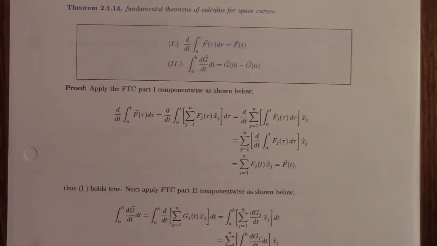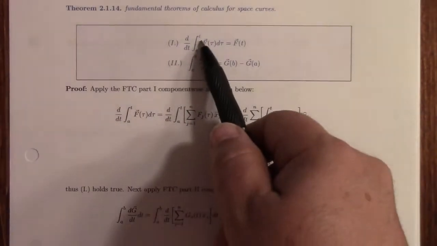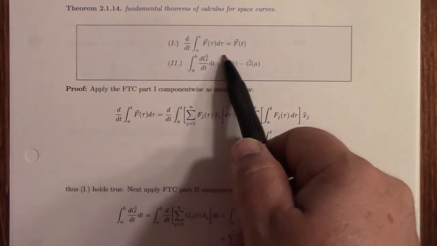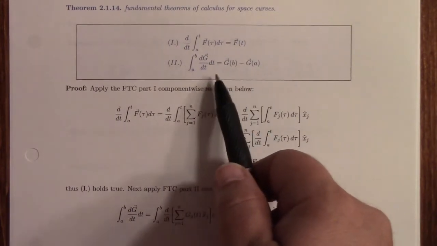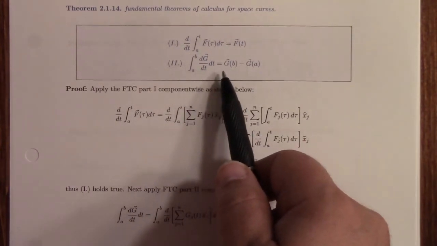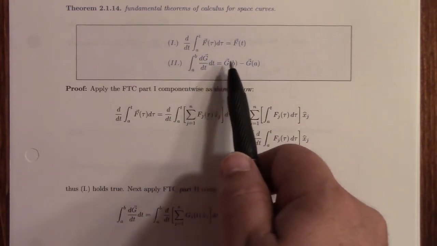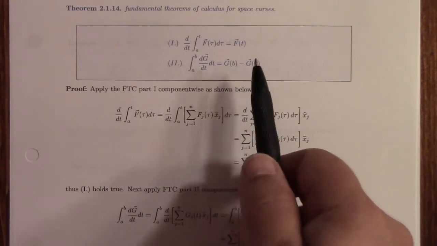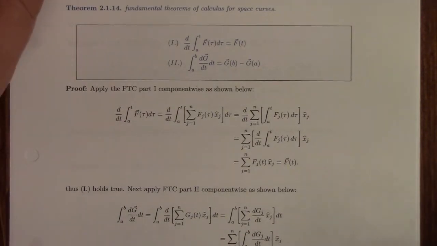The fundamental theorem of calculus for space curves is that when we differentiate an integral with variable bounds, we just get back the integrand again, and also this is sort of like FTC part 2. The integral of a derivative is the value of the thing being differentiated, evaluated at the bounds. And the proofs of these actually make decent test questions because they're really simple.